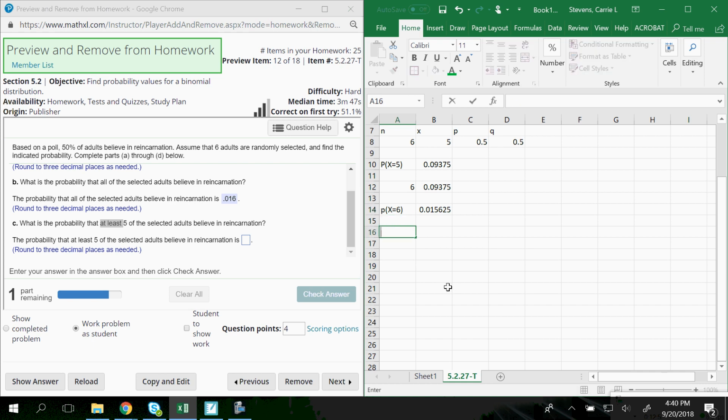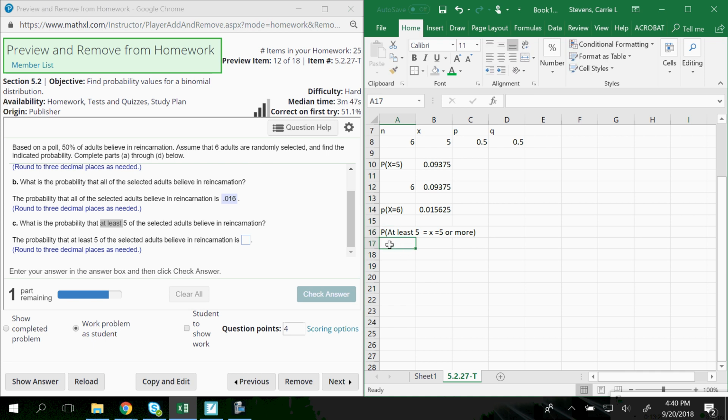The probability of at least 5, okay, that is like saying x is at least equal to 5 or more. Oh, that's not so hard. I was thinking it was 5 or fewer, but if it's 5 or more, that's easy, right?